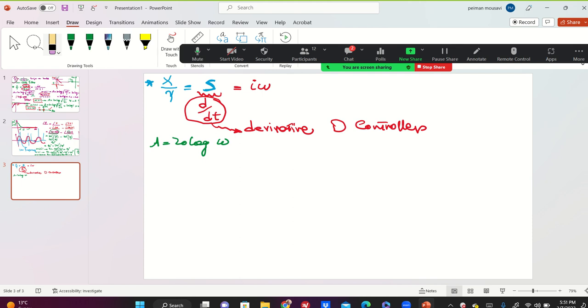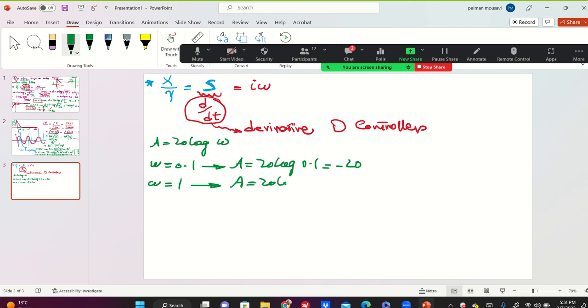If omega is much smaller than 1, or say give me a number 0.1, A is going to be 20 log of 0.1, which is minus 20. At 1, A is going to be 20 log of 1, which is exactly 0.